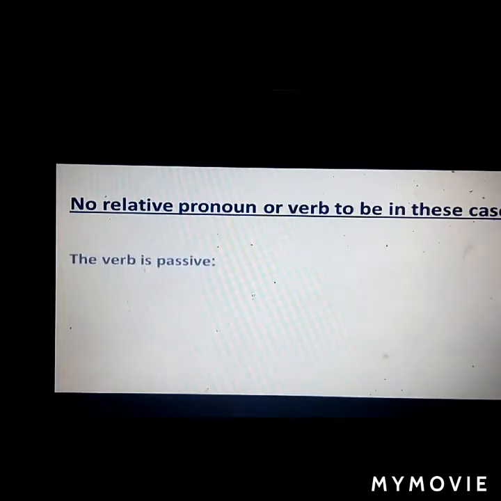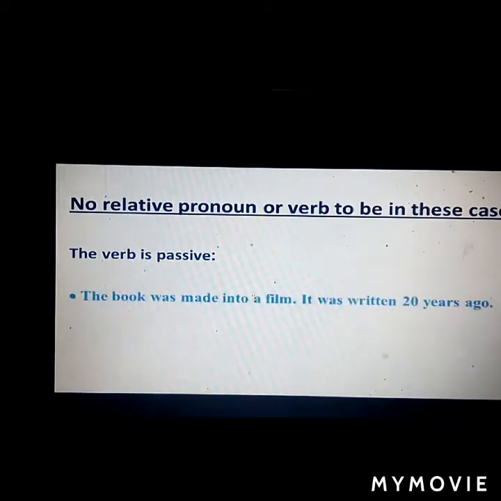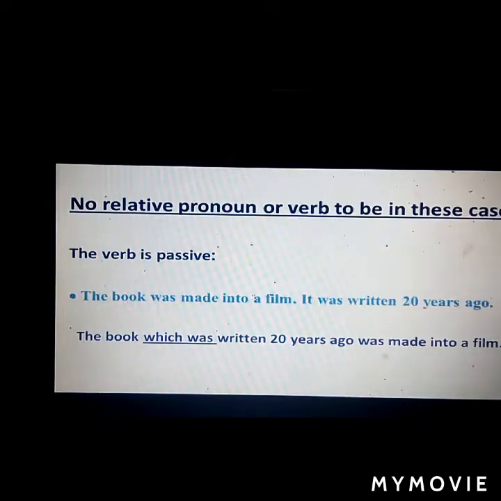When the verb is passive. The book was made into a film. Was made here is passive. It was written 20 years ago. Also was written here is passive. It should be: the book which was written 20 years ago was made into a film.